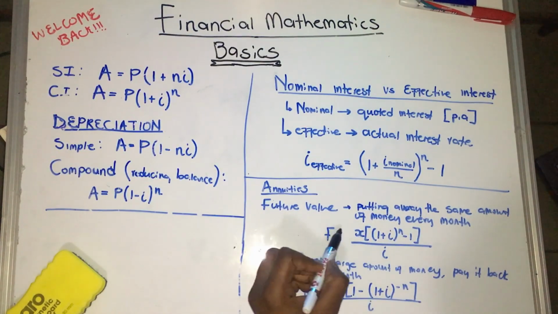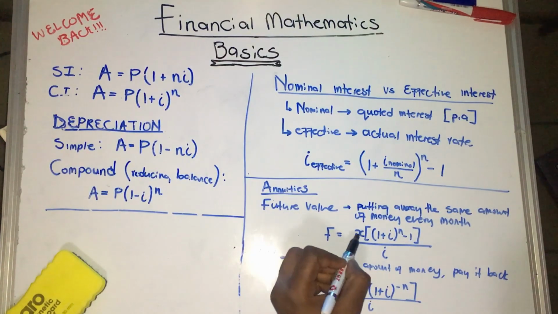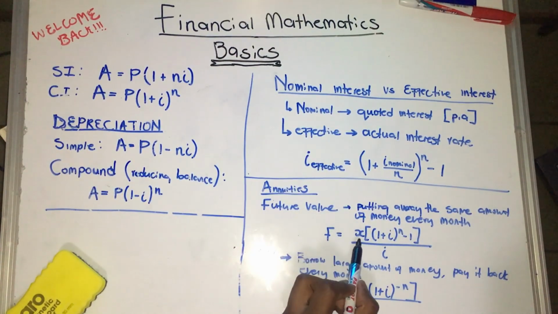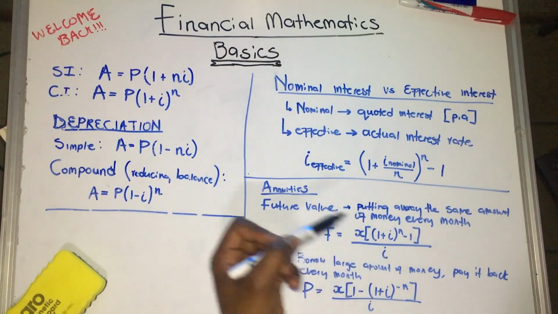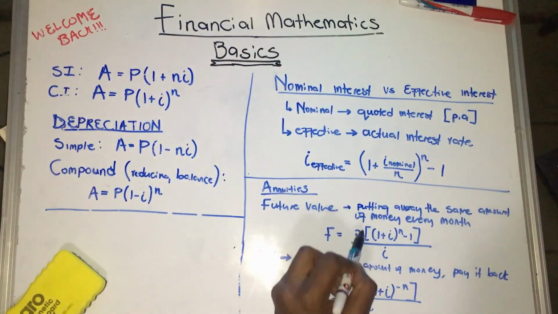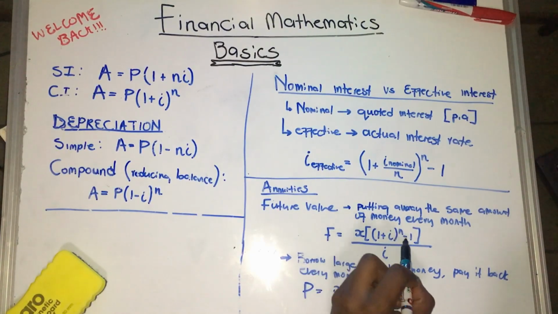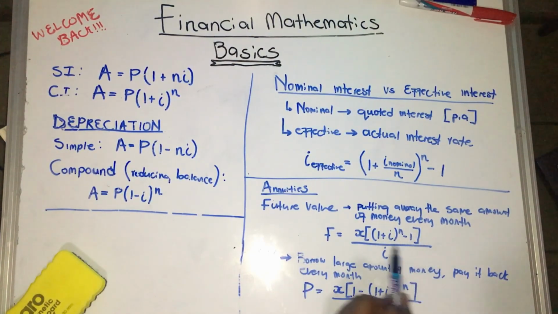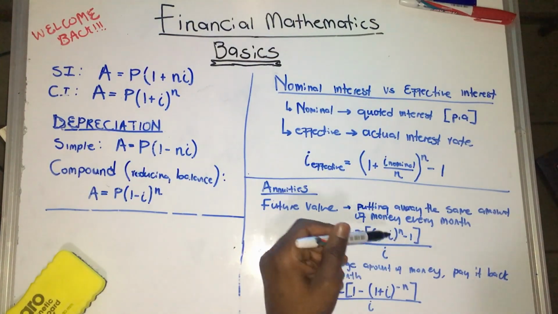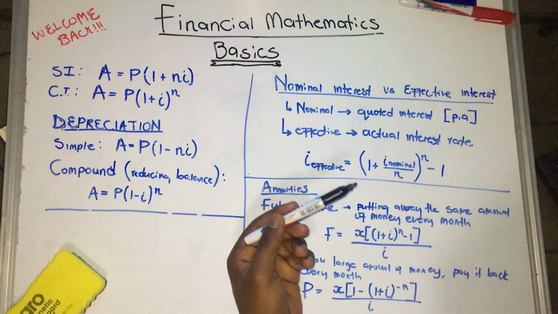You have F, which is the future value, equals X, which is your monthly installment if we're working on a monthly basis, all into 1 plus i, where i is the interest, to the power of n, minus 1, and then all over i. So take note of the compounding effect here, but you'll see as we go into the questions.